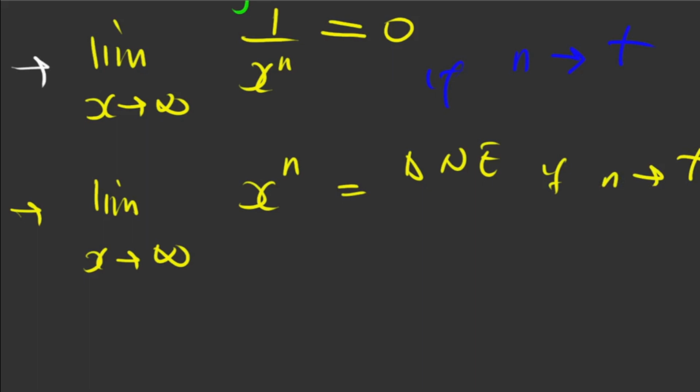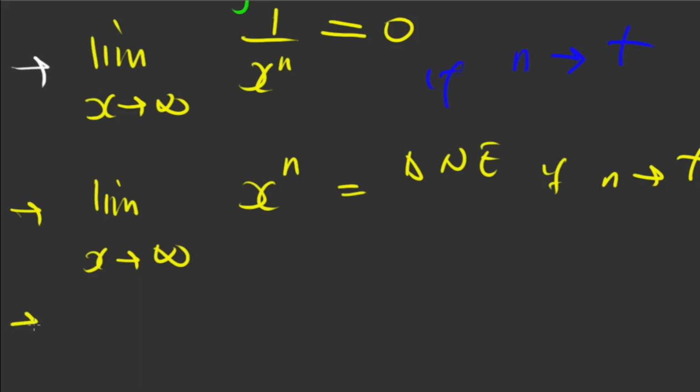You can try it using your calculator. You try a big number to the power of a positive number, let's say 5. It will give you math error. So it doesn't exist.